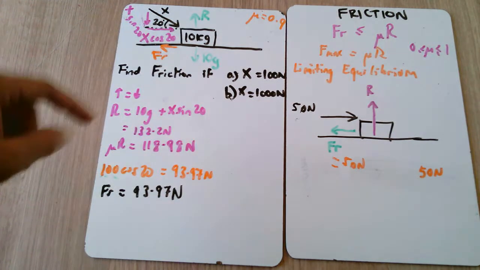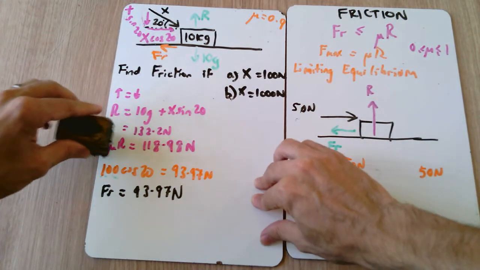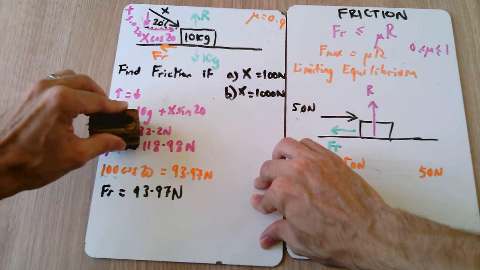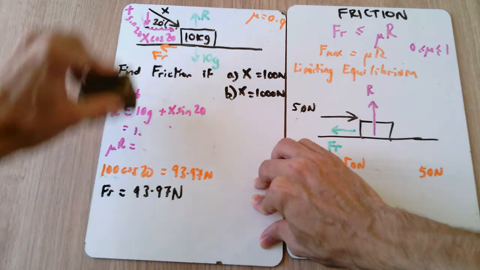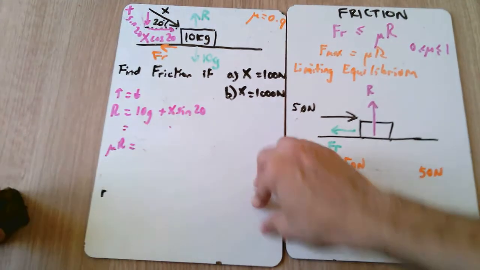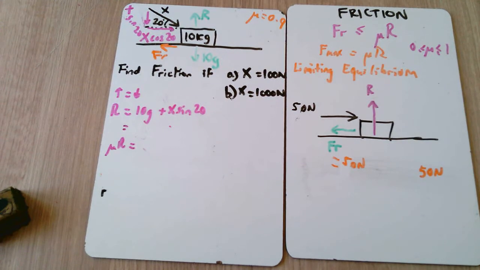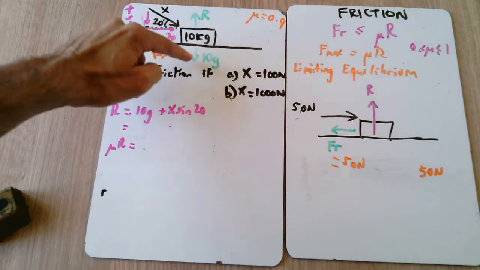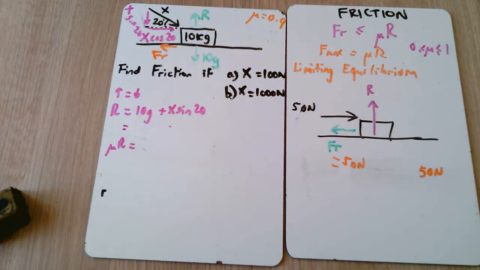So up is equal to down means the value of R is going to change, and so the value of mu R is going to change. So let's get rid of all of that. We can see over here that if we apply the same process, R is equal to 10g plus now 1,000 sine 20, so 1,000 sine 20 plus 10 times by 9.8 is equal to 440 newtons.